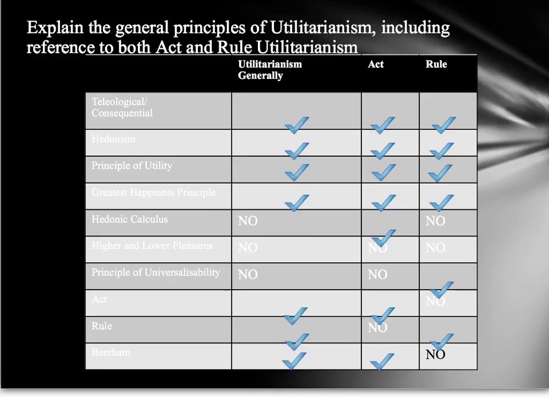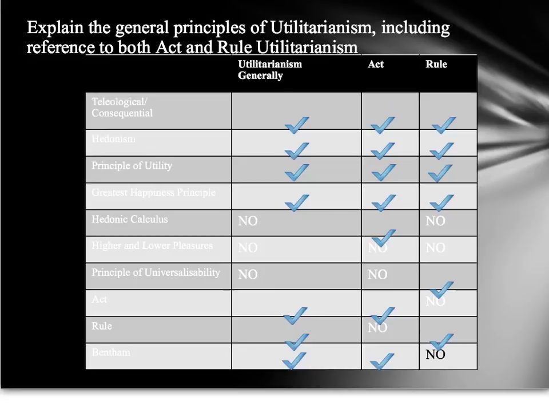Here's a question: explain the general principles of utilitarianism, including reference to both act and rule utilitarianism. So just selecting those three columns from that previous table, you would then need to talk about those general principles of utilitarianism. So what do all utilitarians believe in?